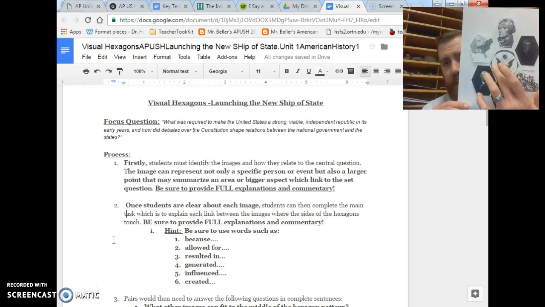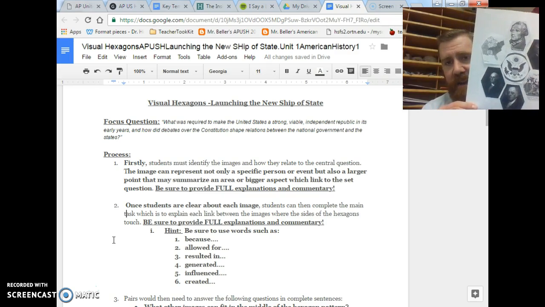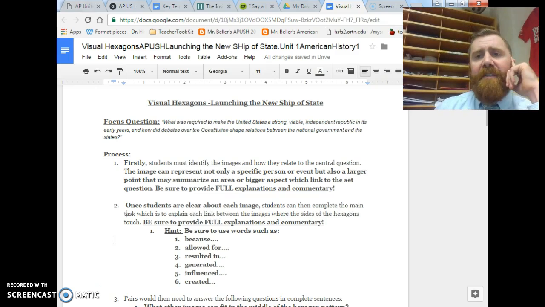Once again, we're not doing anything with the middle hexagon just yet. Think of this: you're creating associations, you're creating links. This might also serve as a potential topic sentence in an essay.